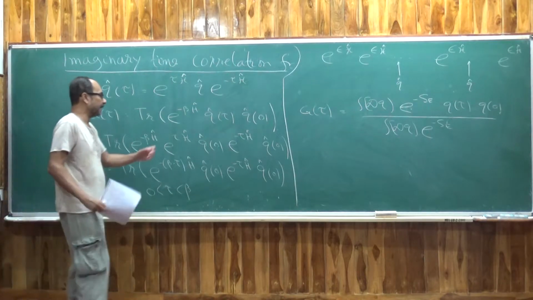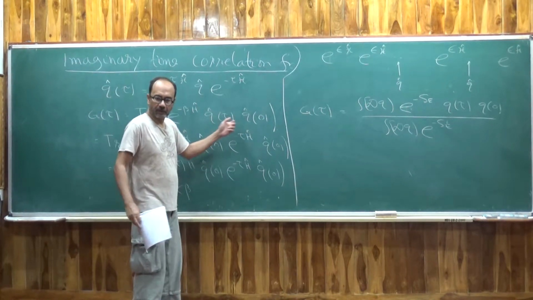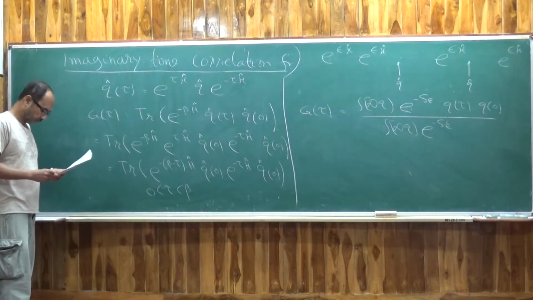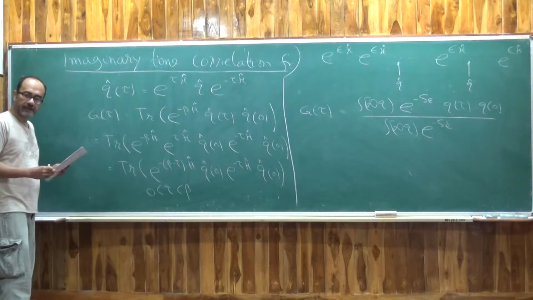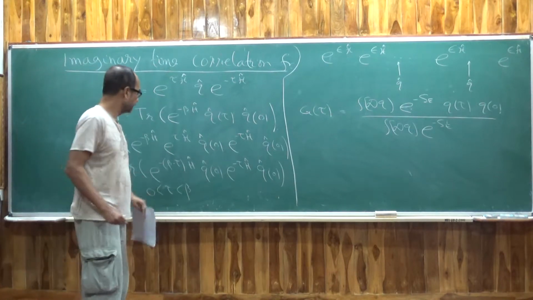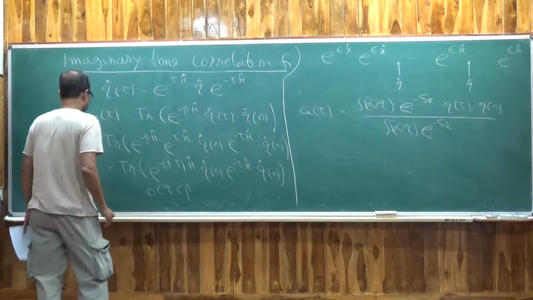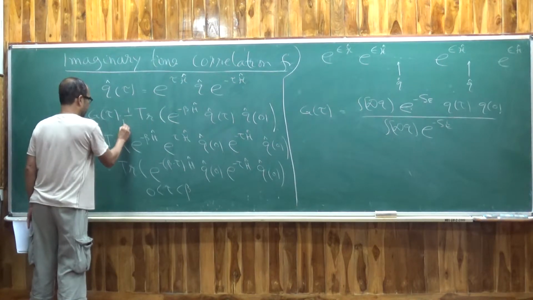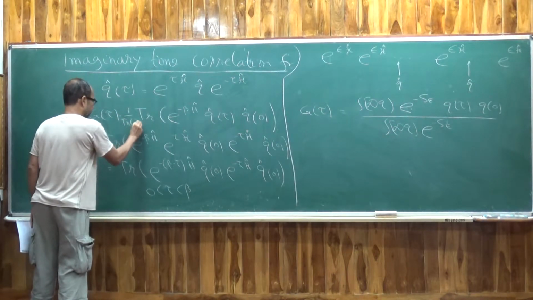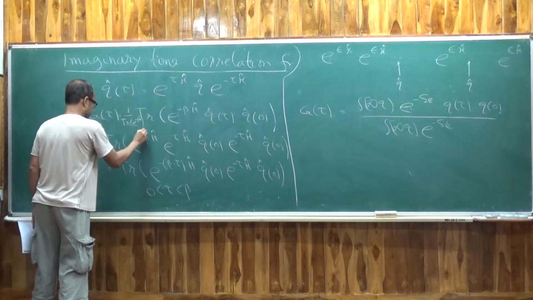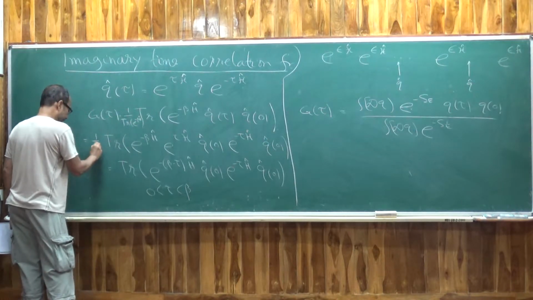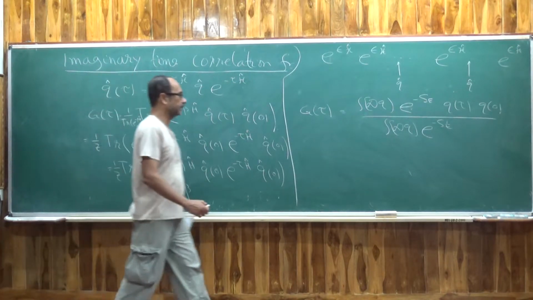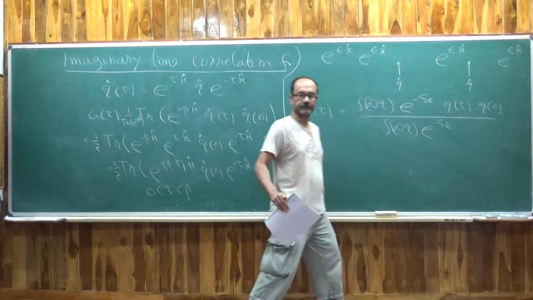Okay, so this is already time ordered, because tau is larger than 0. Yes, you are right. So this has to be divided by the trace of e to the minus beta h hat, so 1 over Z basically. Okay, and that's what is appearing here.